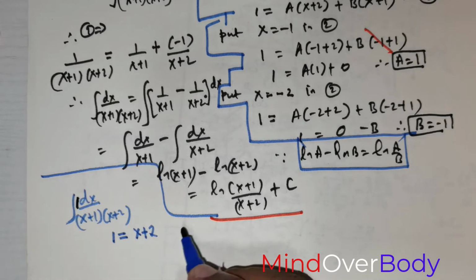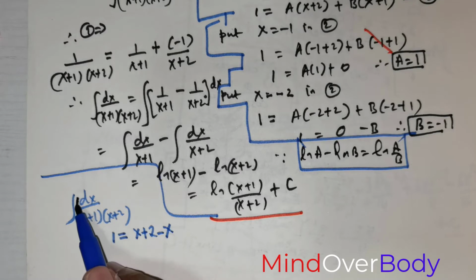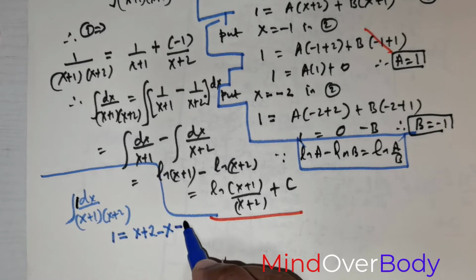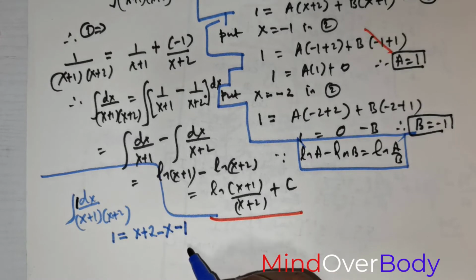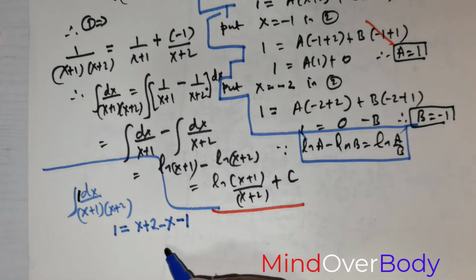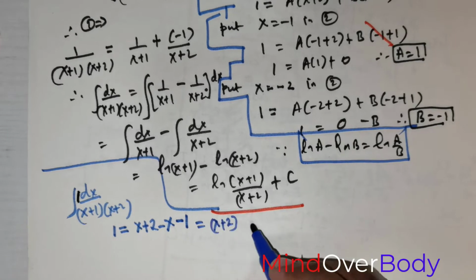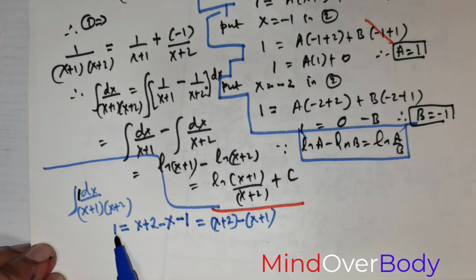I don't have an x there, so I'm getting rid of this x, and at the same time I just have 1 here, but there is a presence of 2 here, so I'll have to get rid of one more 1 from this 2. In fact, I need to reduce that 2 by 1. That's the idea. So this is actually (x+2) minus (x+1), all done just to represent this 1.